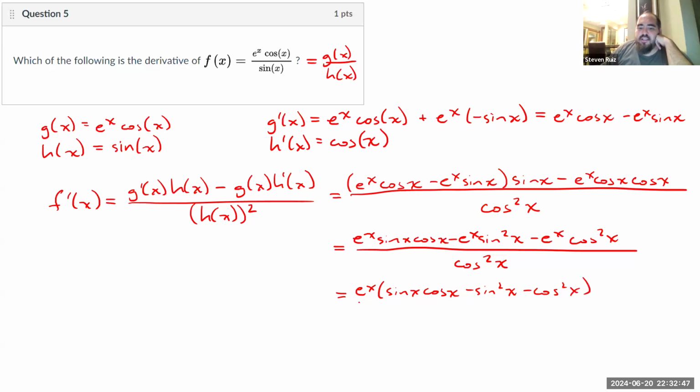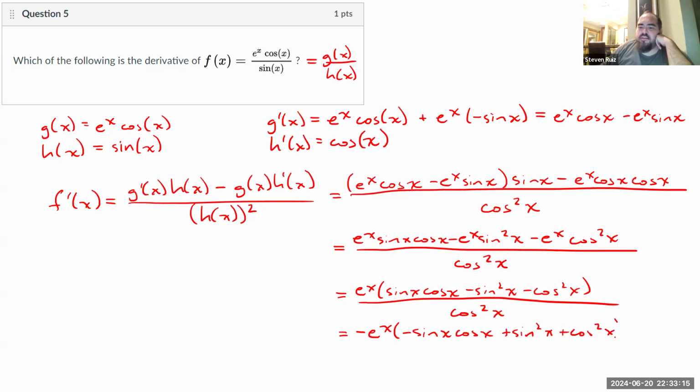And as I'm doing this, I'm realizing something else. Within this parentheses, I'm going to factor the negative sign. So I factor out a negative, and I get negative sine of x cosine of x plus sine squared of x plus cosine squared of x, all over cosine squared of x.